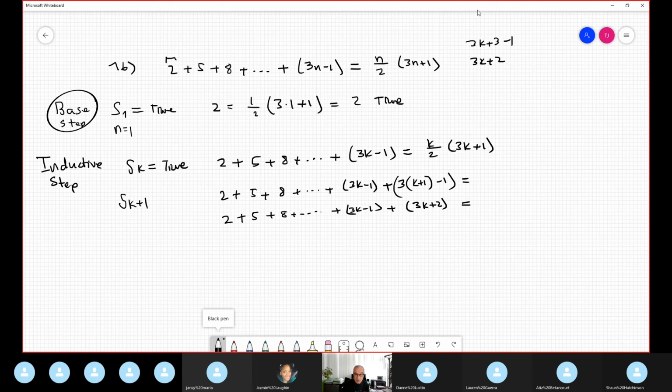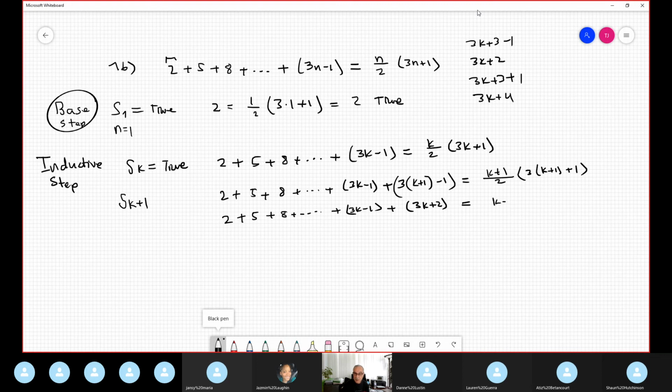Okay, stop for a moment in the left hand side. I move to the right hand side. In the right hand side we have (k plus 1) divided by 2 times (3(k plus 1) plus 1). Well, 3k plus 3 plus 1 is 3k plus 4.